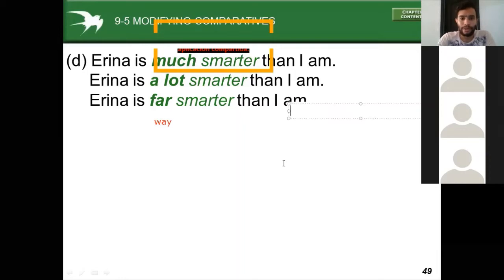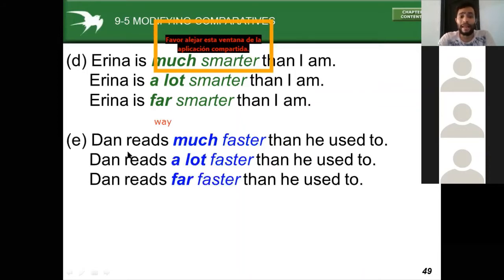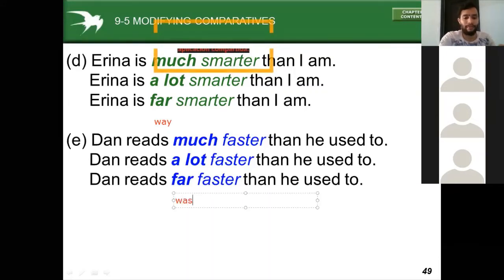We also have other examples. Let me show you more examples here. Dan reads much faster than he used to. Dan reads a lot faster than he used to. And Dan reads far faster than he used to. I can also say way faster than he used to.